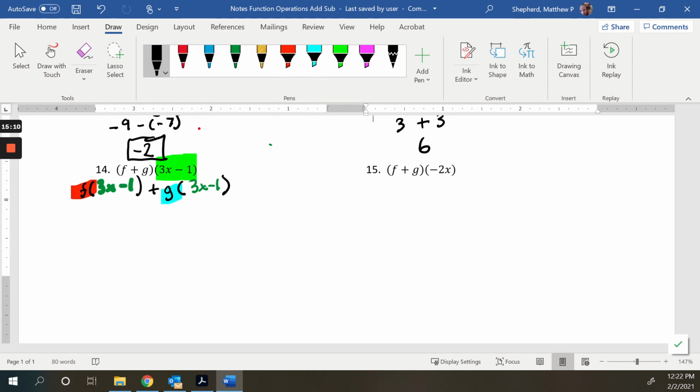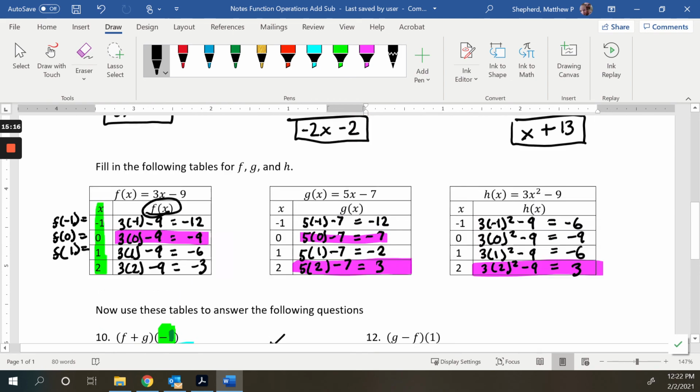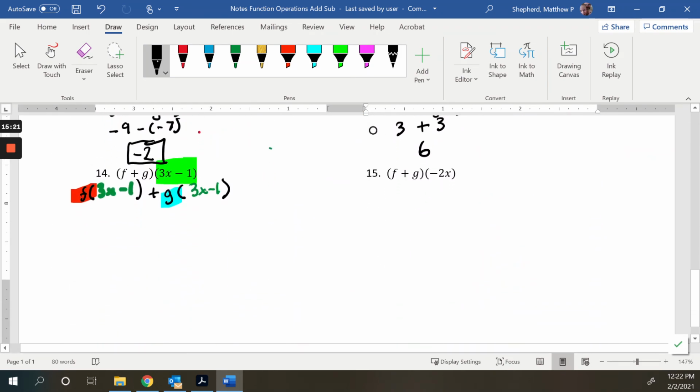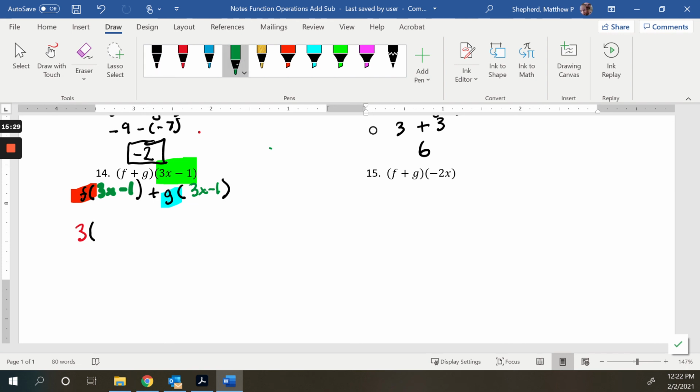Okay, and so what I'm going to start doing is writing the equation for f. Well, f was 3x minus 9. So I'm going to write 3, but then where x normally would have gone, we don't have x. We are substituting x with the new input. The input, 3x minus 1.